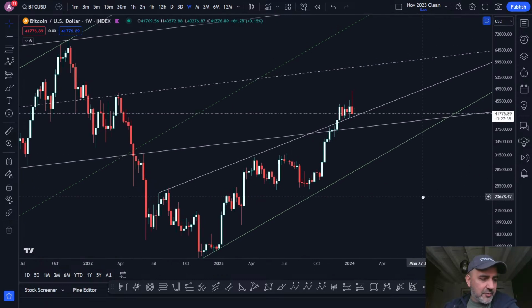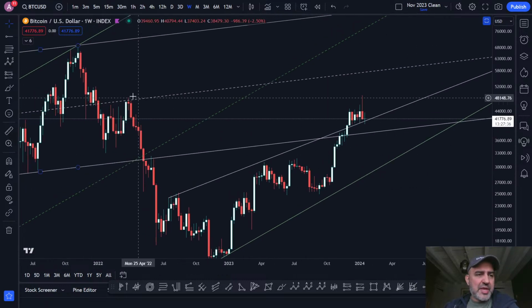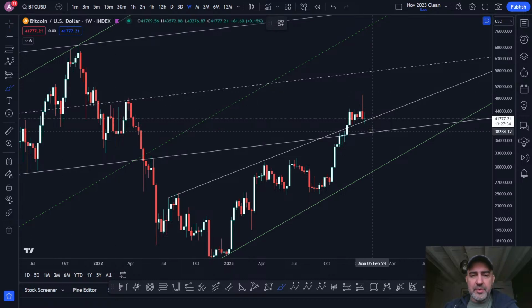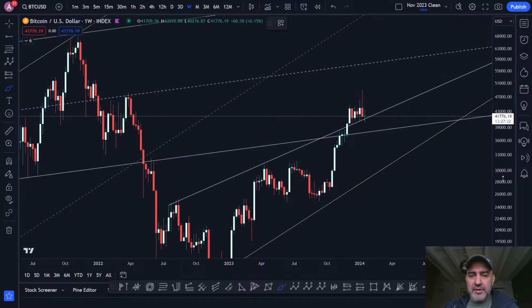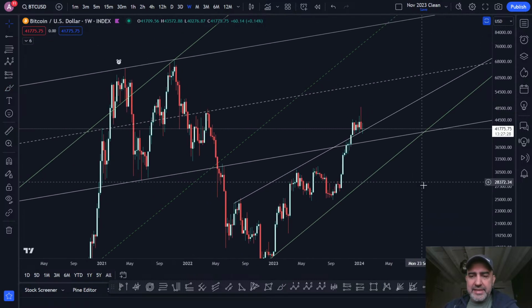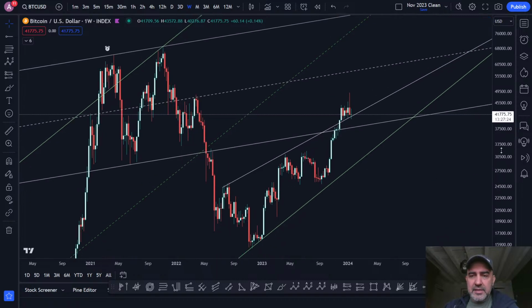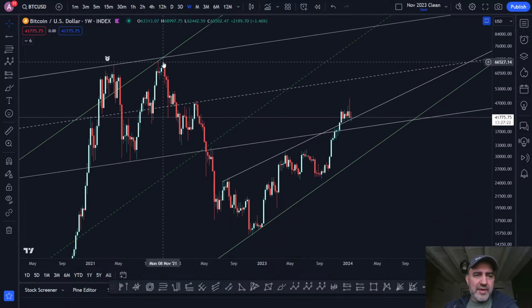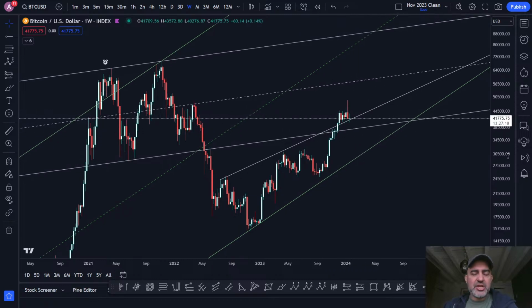So I think we've got a few things that I need to see happen before I start getting really ultra bearish on Bitcoin. I'm not contemplating really low prices because I don't think we have lost key trend lines and key channels.